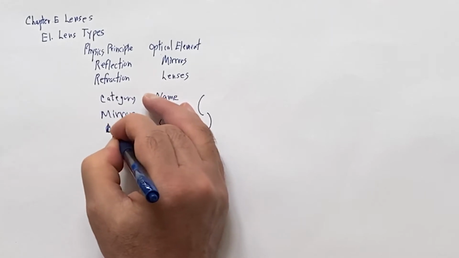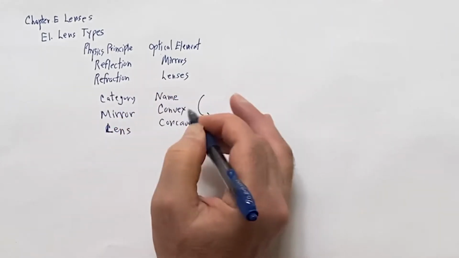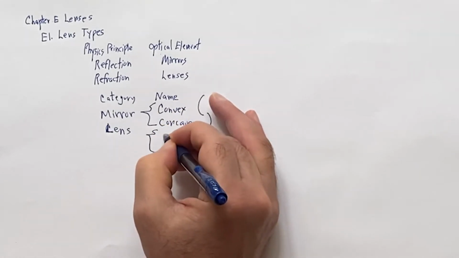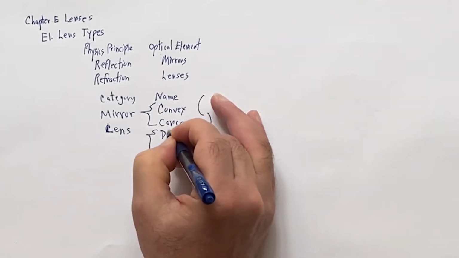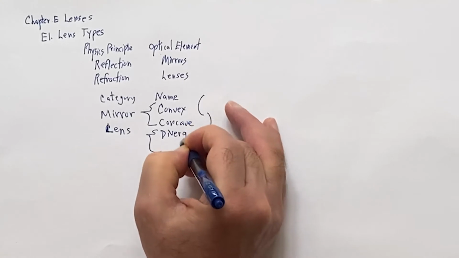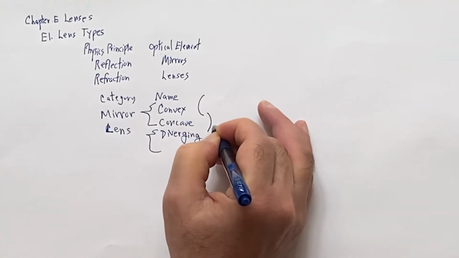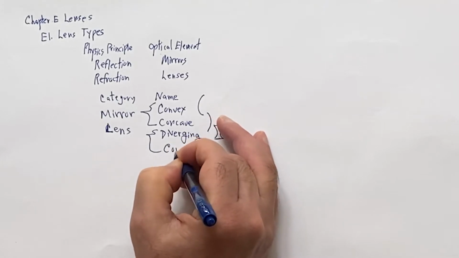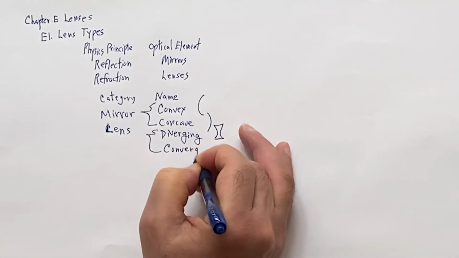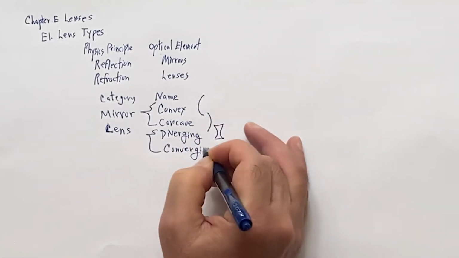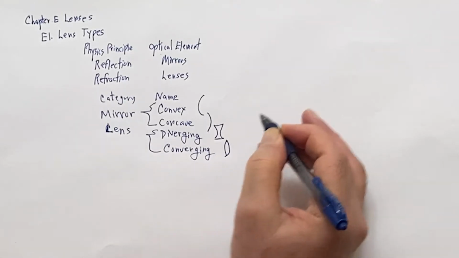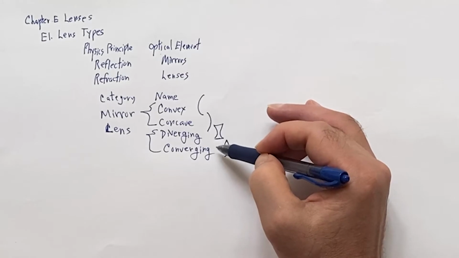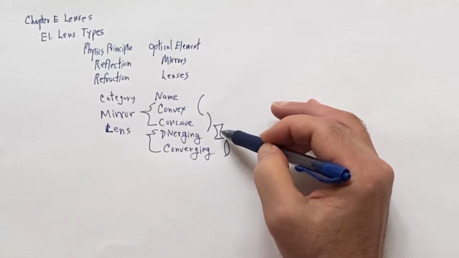And now we're going to look at lens. So that's mirror. And now for lens, we're going to have diverging. And that's going to be a cut like this. And converging. Sometimes they call the converging one a convex, but I'd rather stick with the converging and diverging terminology.